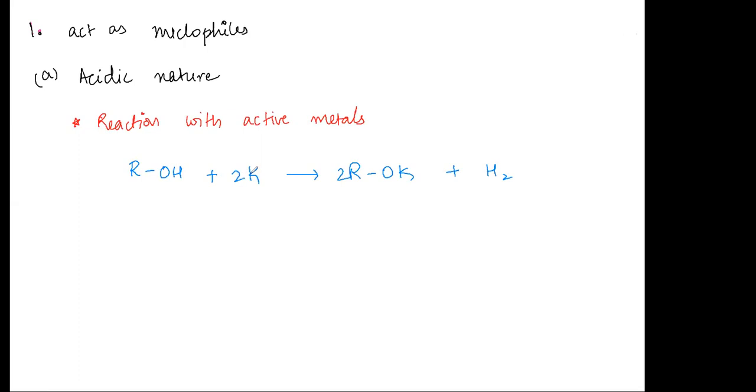Balance it. Basically what is happening is active metals are able to displace hydrogen, releasing hydrogen gas. And what reaction is this similar to? Like, have you guys come across any other reaction that this is similar to?